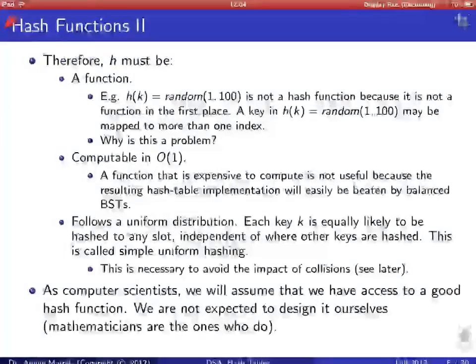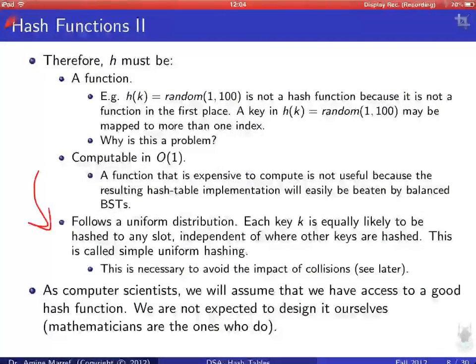We also talked about a very important property that the hash function must have, uniform distribution. Basically, all keys are equally likely to be mapped to any slot in the hash table. So at the end, we don't have this clustering, where all the keys are mapped to one slot or to very few slots. We want the keys to be uniformly distributed across the table.